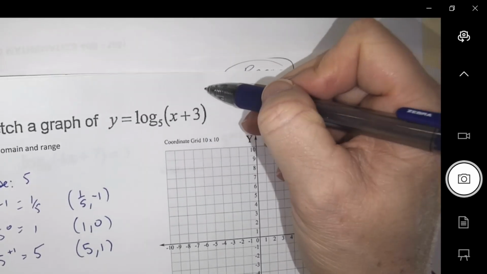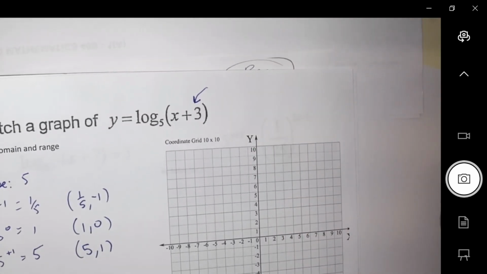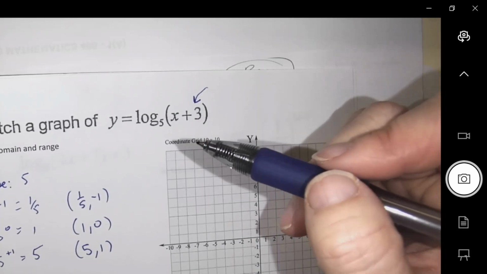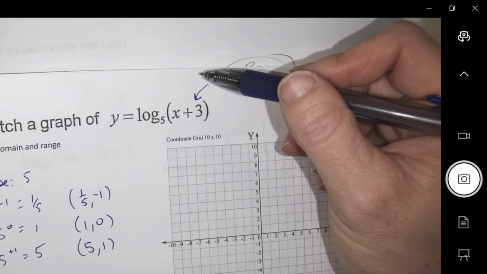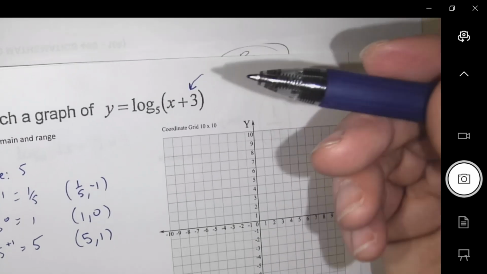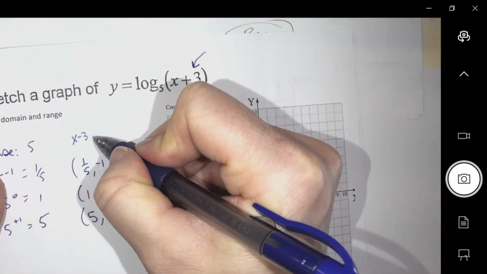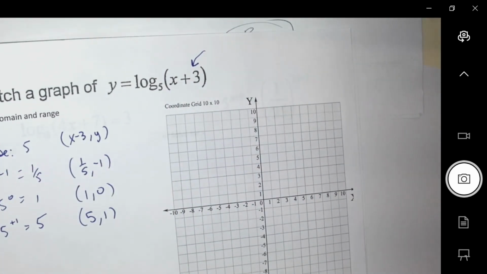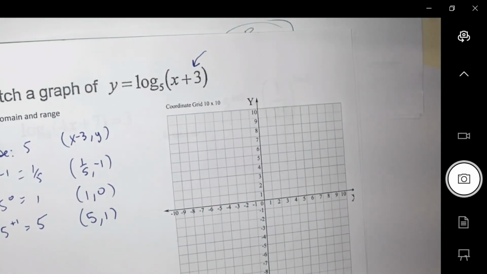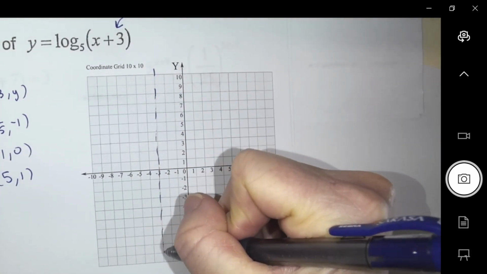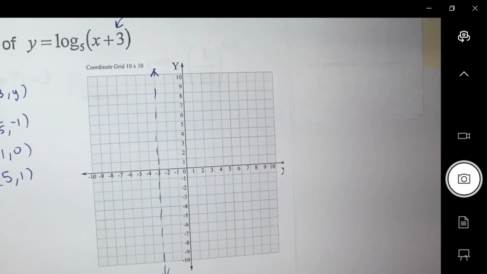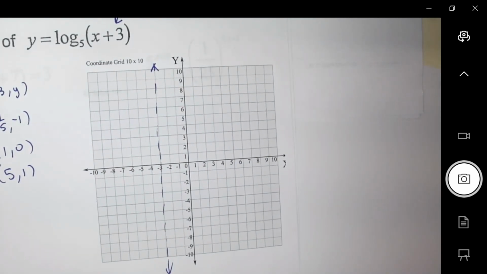For transformations, it's just the 3, which is a B, a C, which is going to go x minus 3. Physically, I'm moving left, so I can already put my asymptote somewhere as well. Left. So my asymptote is left 3.